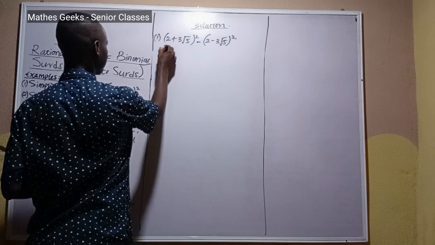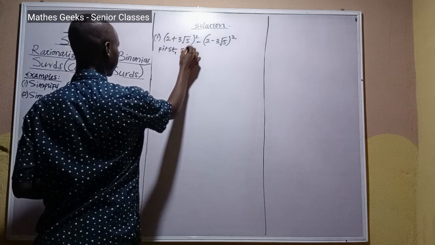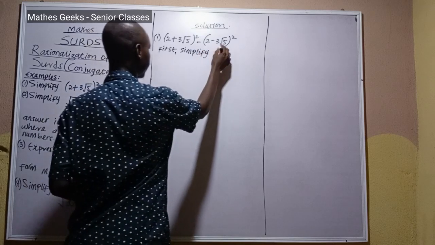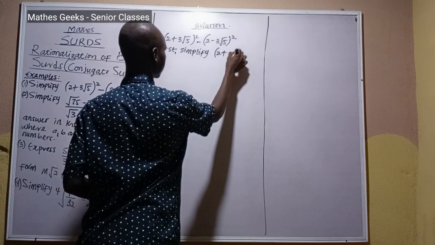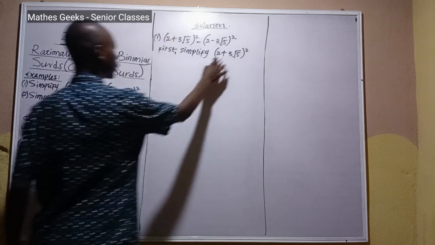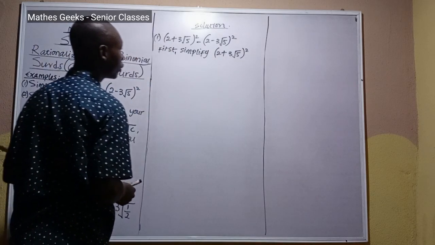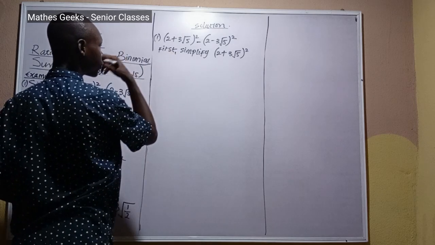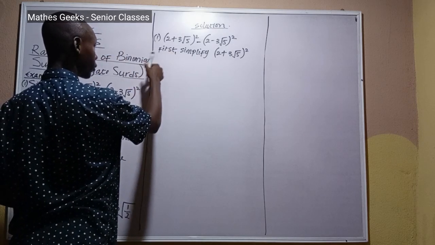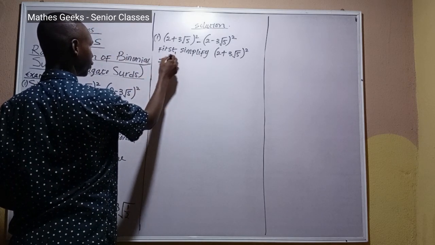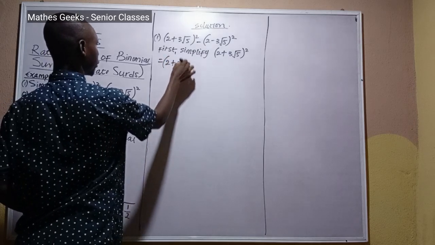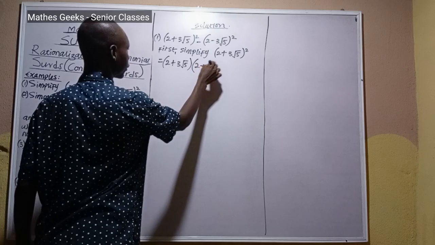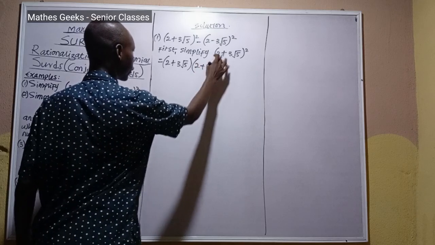So first, simplify (2 plus 3 root 5) squared. This gives us (2 plus 3 root 5)(2 plus 3 root 5).